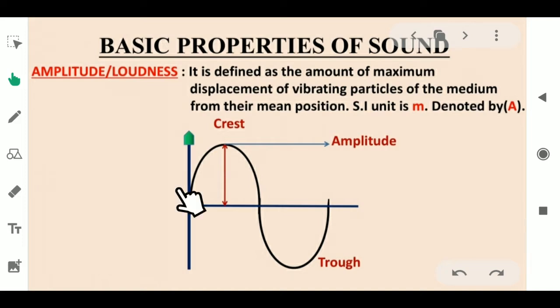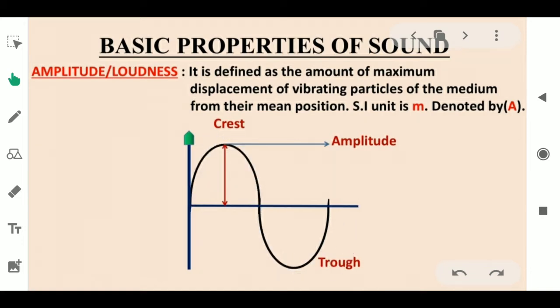So just consider this waveform. We know that sound is in the form of waves. So just consider this wave, a sound wave. This line is called the line of zero disturbance, meaning normal condition, there are no vibrations or oscillations. So when a body starts to oscillate or vibrate, waves are formed.